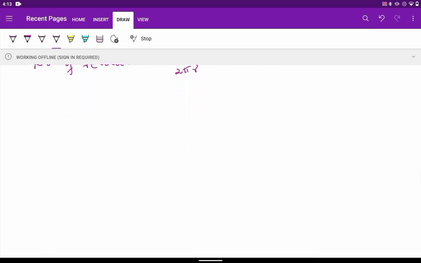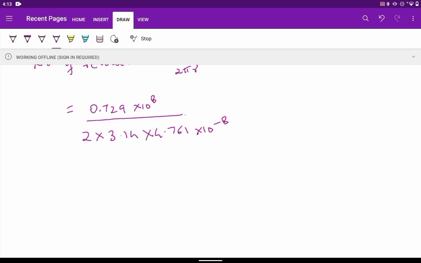So now we will put the values. V we got 0.729 into 10 to the power 8 divided by 2 pi R, 2 into 3.14 into 4.761 into 10 to the power minus 8. So let us solve here.